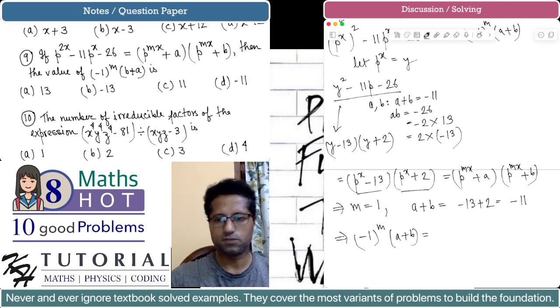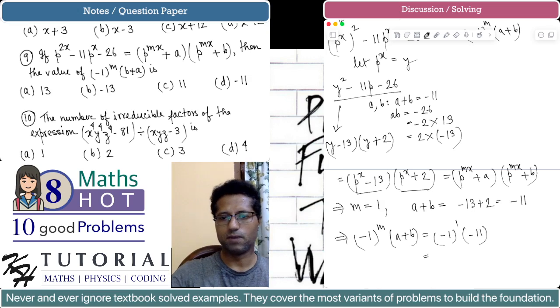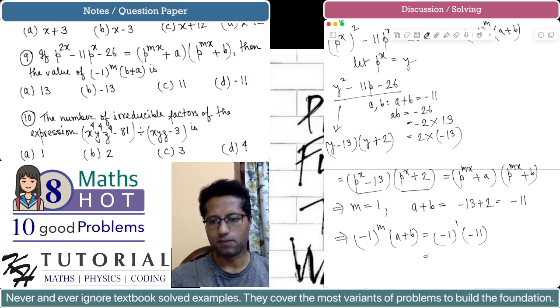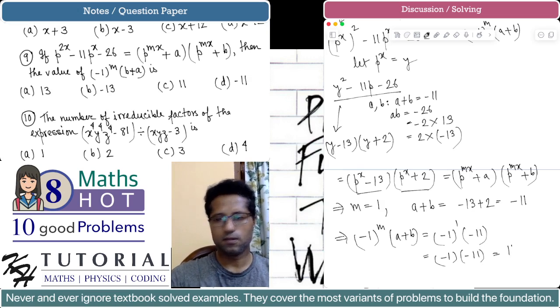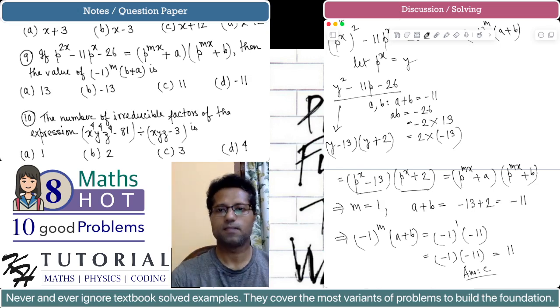So this becomes minus 1 to the power 1 multiplied by minus 11. Minus 1 to the power 1 is minus 1, and multiplied by minus 11, this is equal to 11. So the correct choice is C. C is the correct choice.